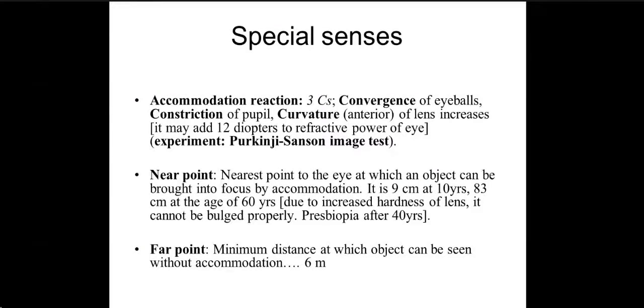When we were very young, we could read from a very close distance. When we are adult and crossing 40s, when we read the newspaper, we keep it far away from our eyes.